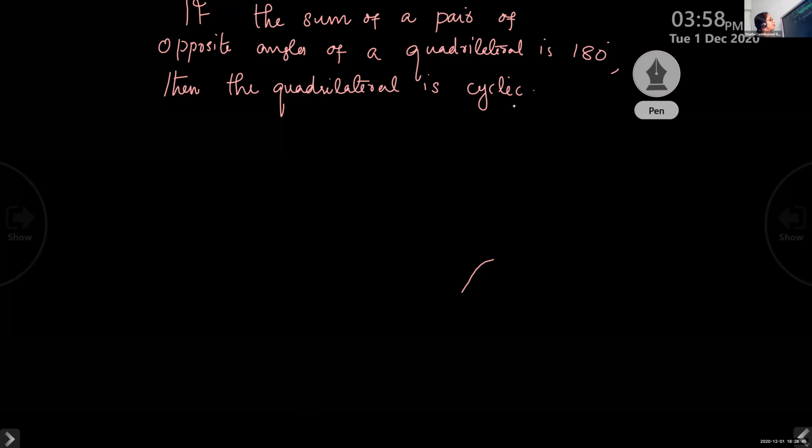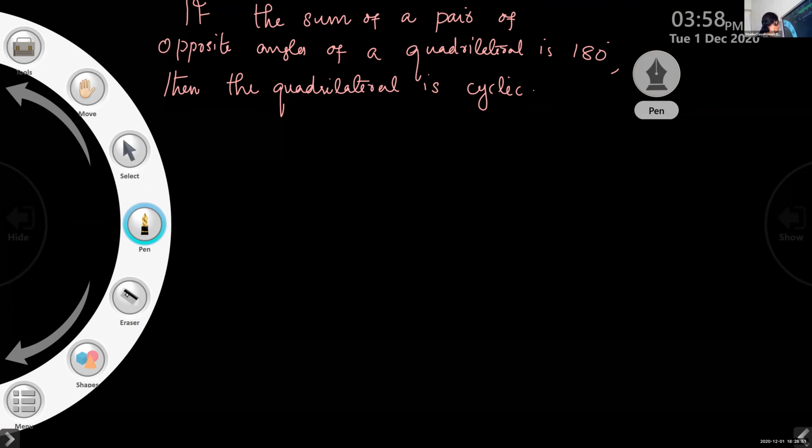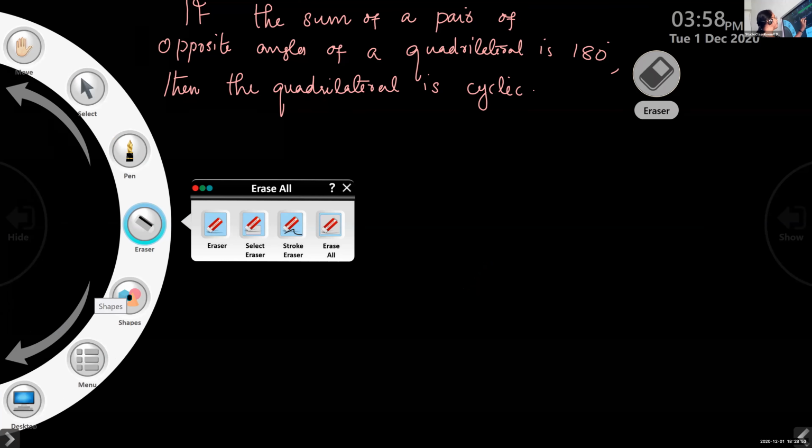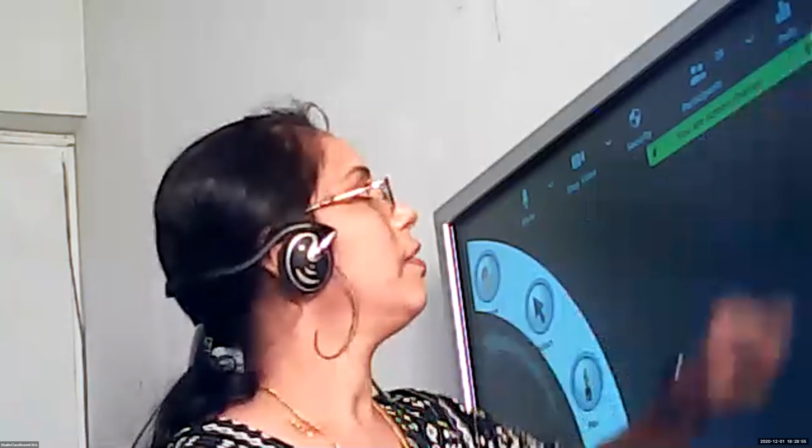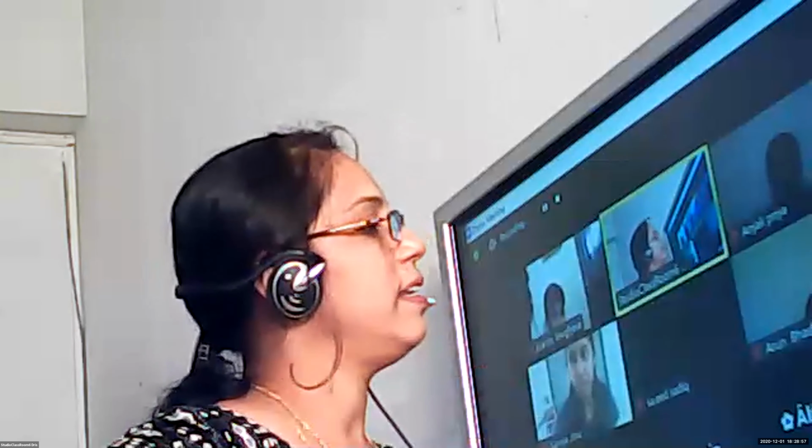Okay, so this is the last theorem, children. Cyclic quadrilateral. How can you recognize a cyclic quadrilateral?